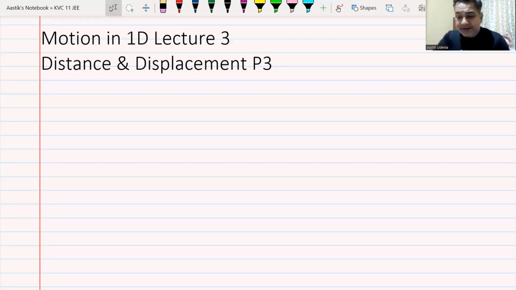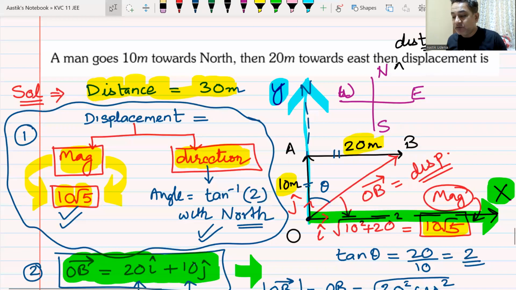Good morning, everyone, and this is lecture number 3, and we are still dealing with distance and displacement. In the previous class, we saw an example of finding the distance and displacement, and I told you two different ways of doing it. One was finding the magnitude and direction of displacement.